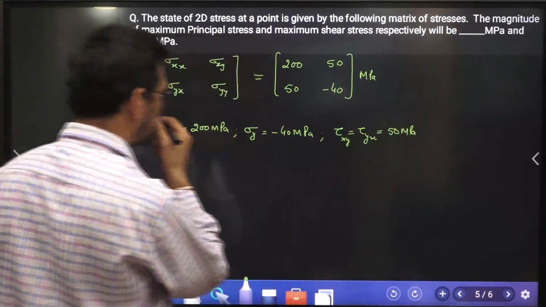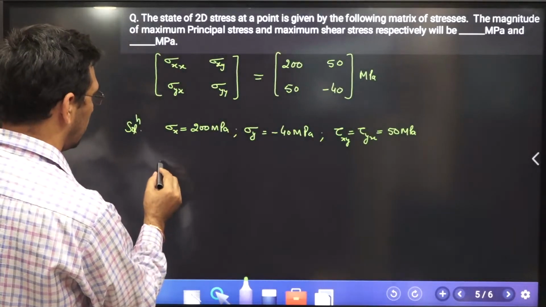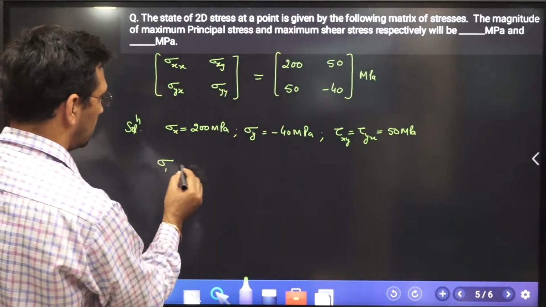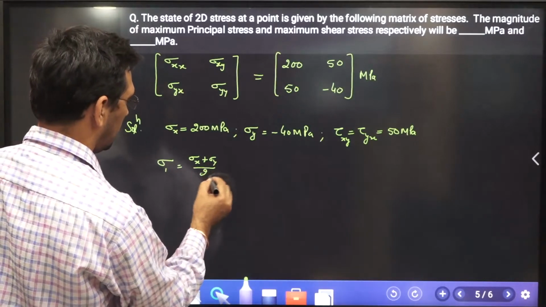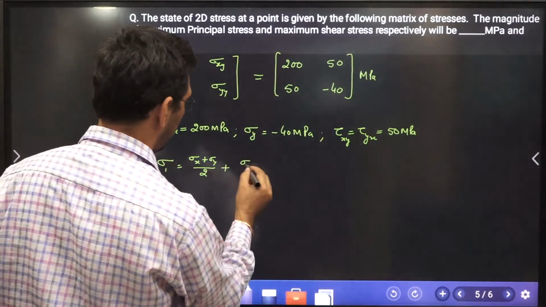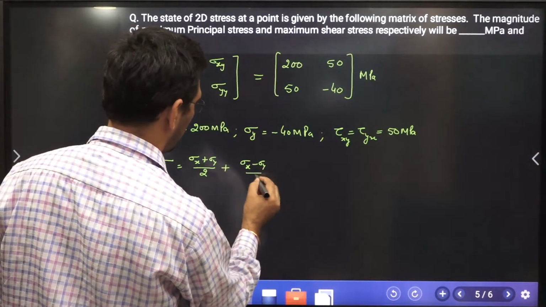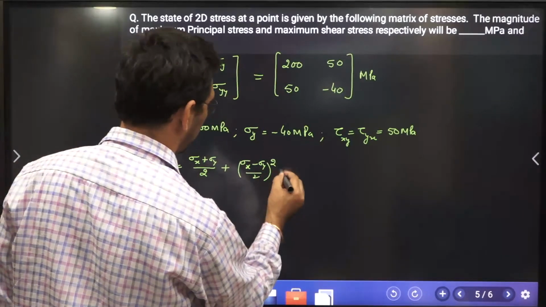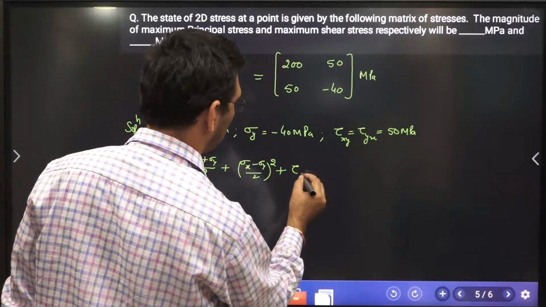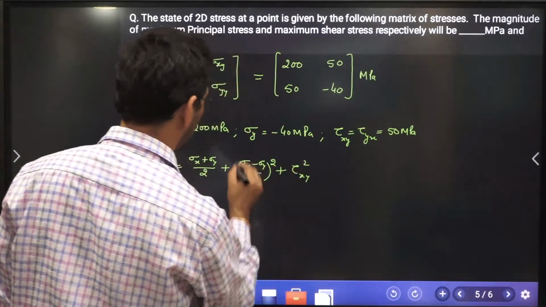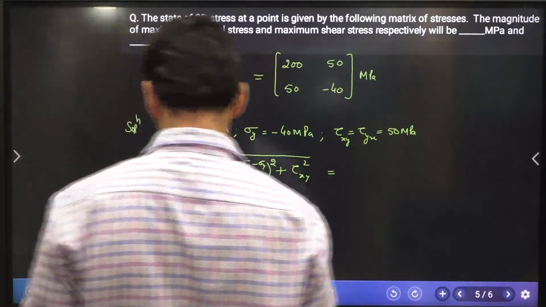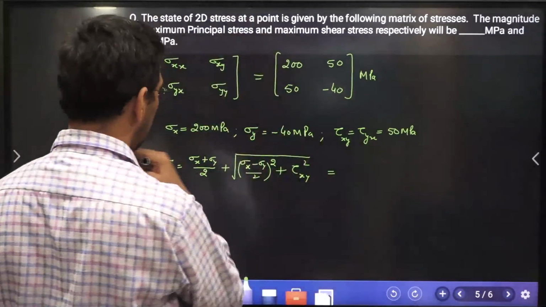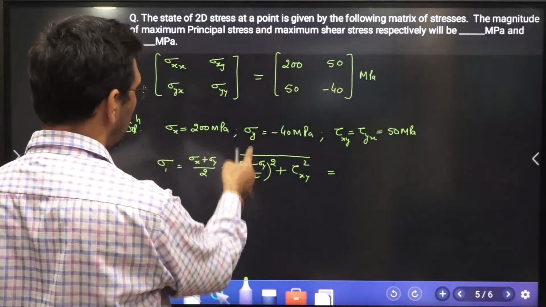Am I clear? So if I want to find the principal stress, it is (sigma x plus sigma y) by 2 plus square root of ((sigma x minus sigma y) by 2) square plus tau xy square. Simply input the values and you will get the result. One thing you have to take note of is the sign.